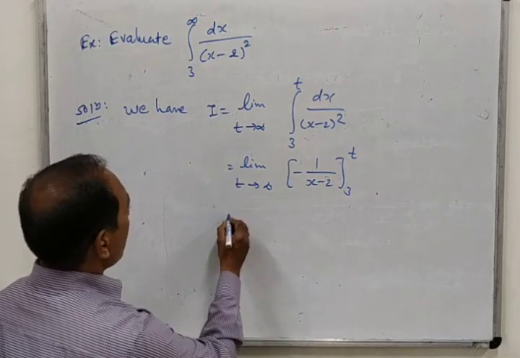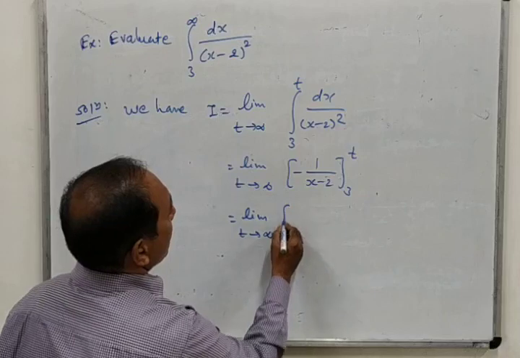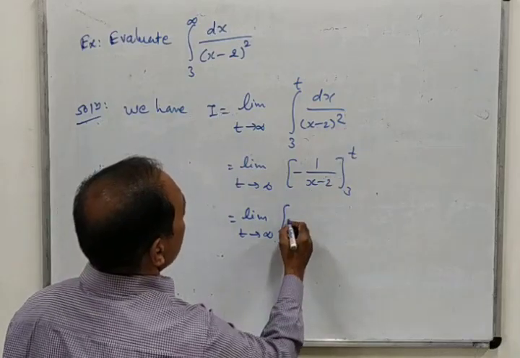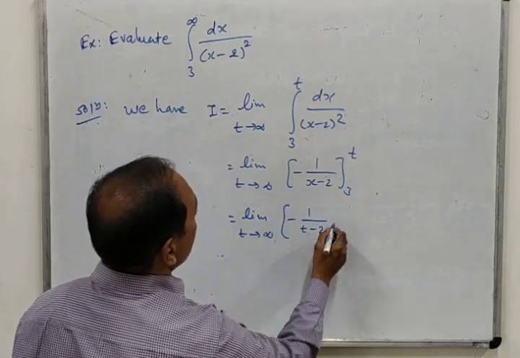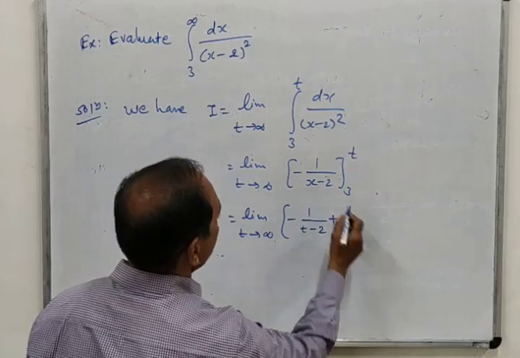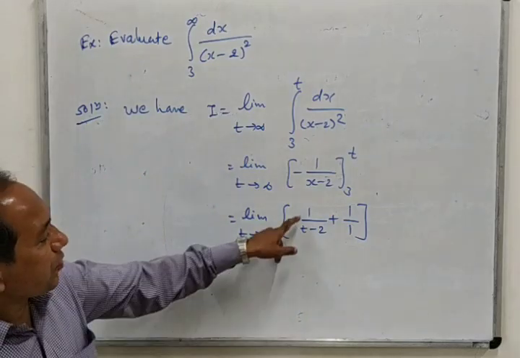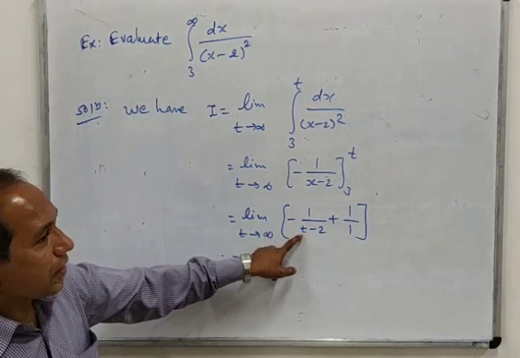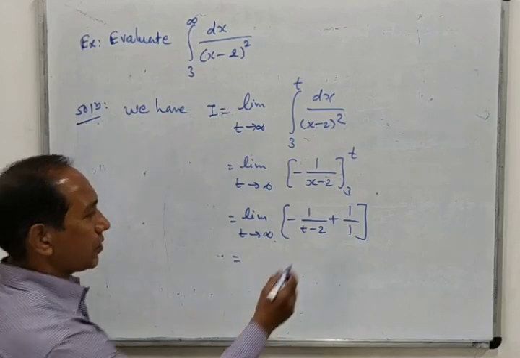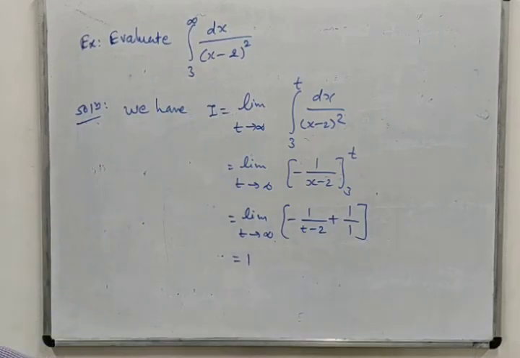So this is equal to limit, we put x equal to t, so minus 1 upon (t minus 2), lower limit and minus sign will come, plus 1 upon (3 minus 2), 3 minus 2 means 1. So now we put t tends to infinity the limit. Here if we put infinity, 1 upon infinity equal to 0, so 0 plus 1 is 1. So its answer is 1. This problem is also very simple.